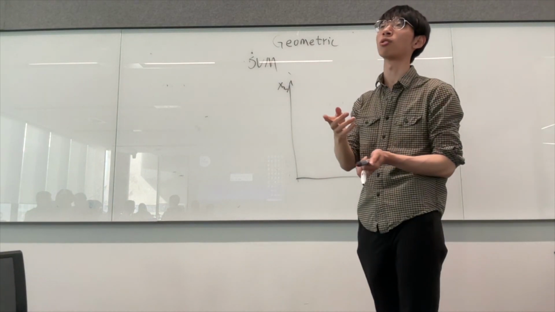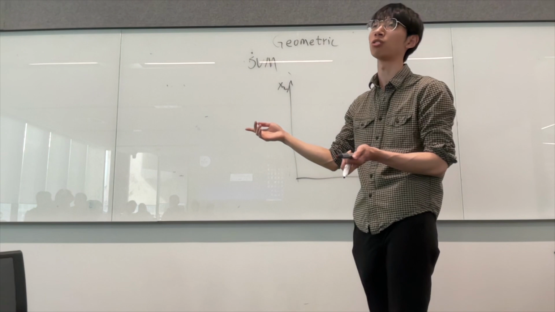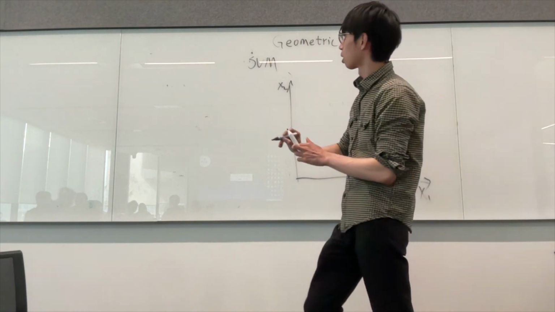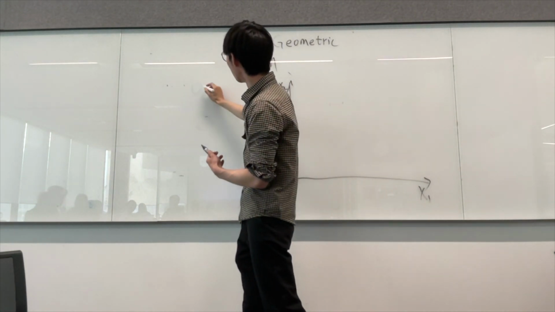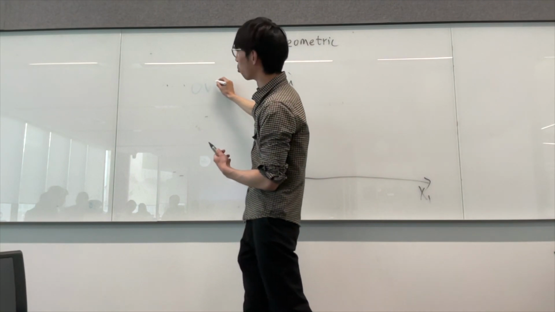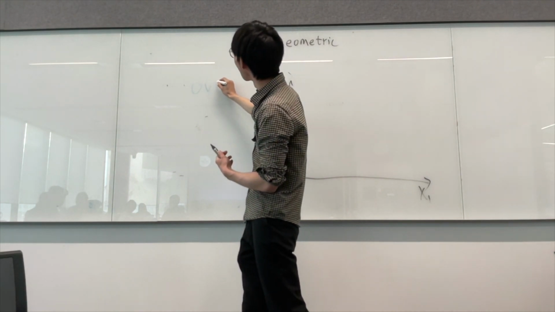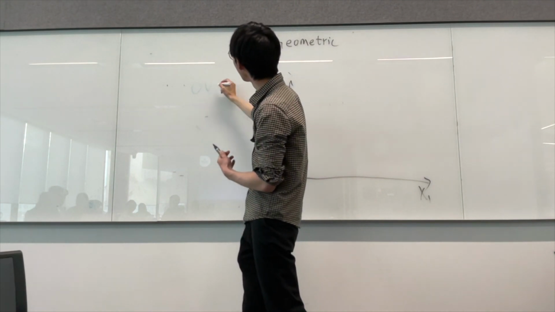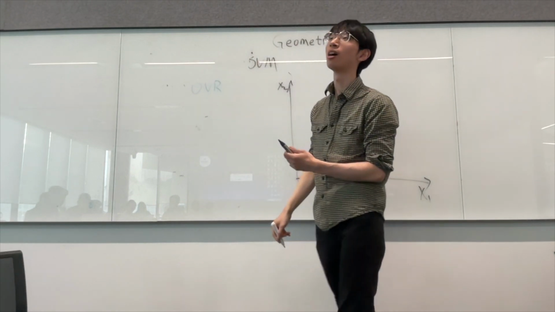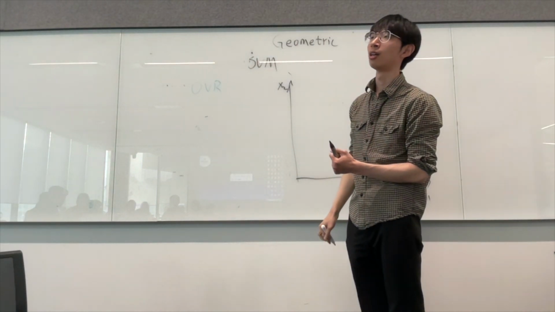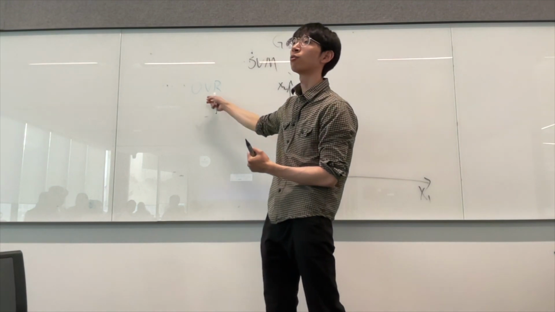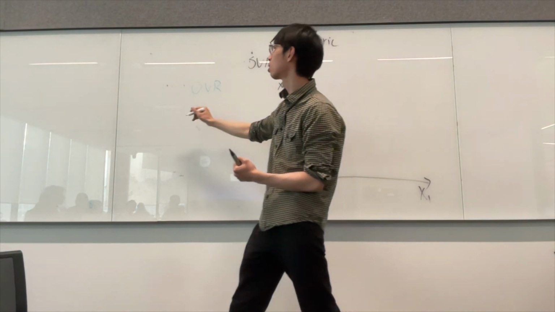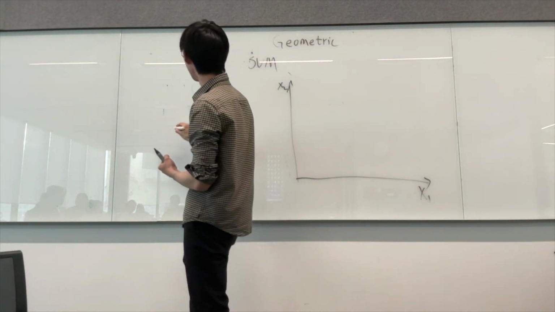Do you know how to generalize to multi-class classification? I always think you are very good at abbreviations, so let me give you an abbreviation: OVR. What's OVR? One versus rest. That means you have three classes: 1, 2, 3.